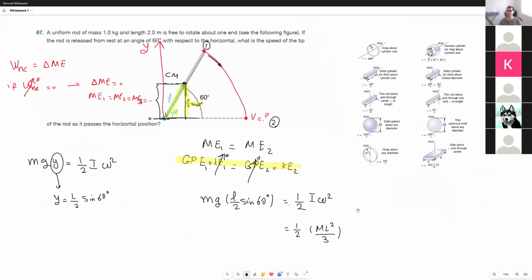We're looking at the moment of inertia about an axis of a rod. You should look for a rod, which is going to be either this or this. The axis here is not passing through the center of mass, it's passing through one of the edges. And that's why we chose ml squared over 3.